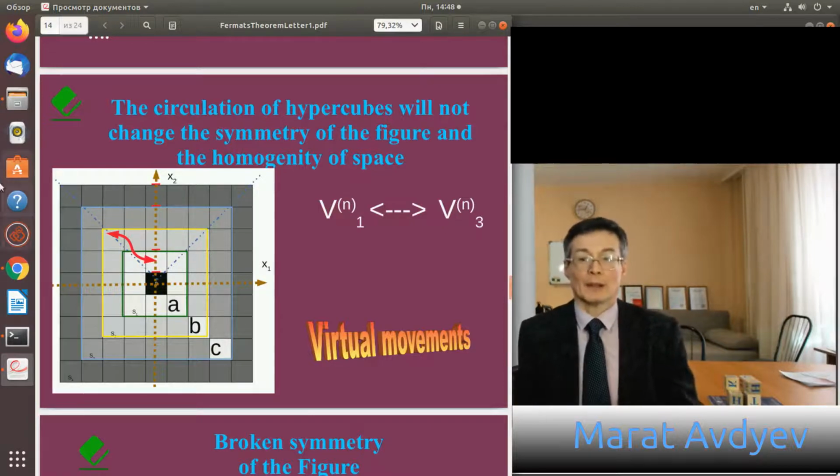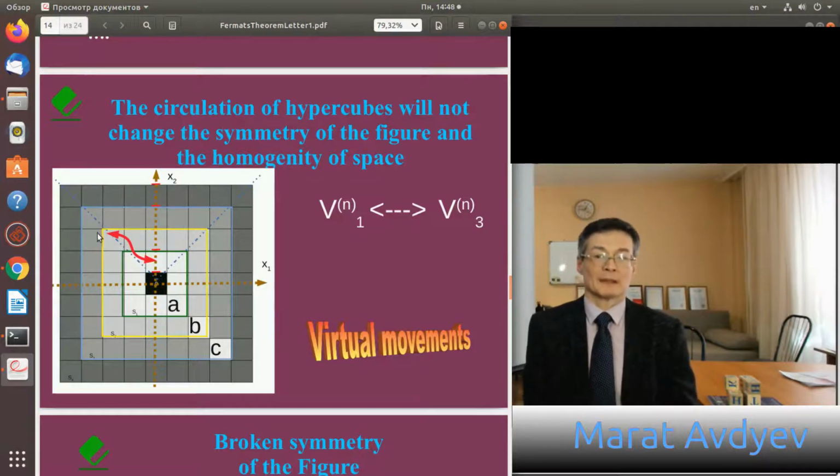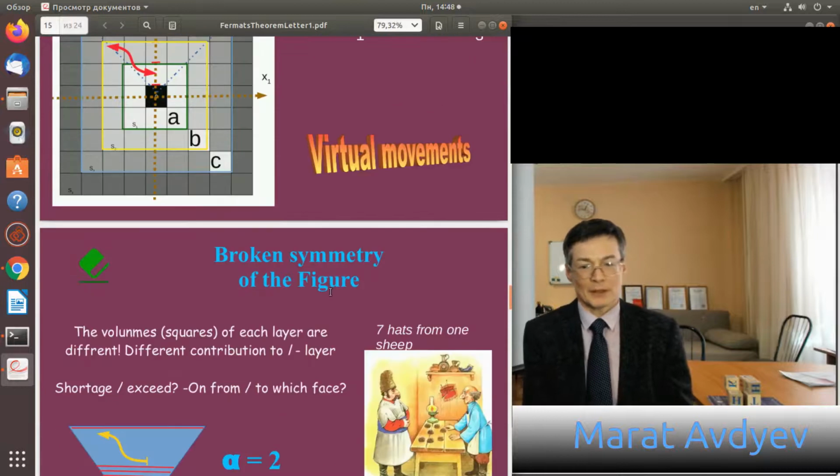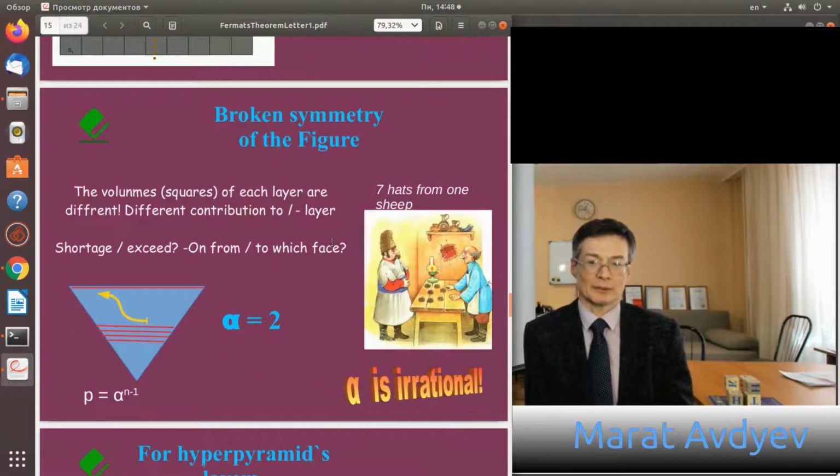So let us swap the layer in the large cube C and some layers in the small hypercube A. Because of the homogeneity of space, this operation will conserve the symmetry property. Let us try it. Is it possible or not? Really, it is not possible.